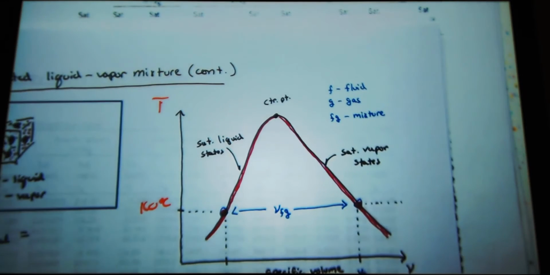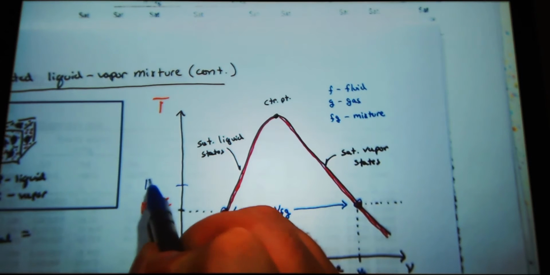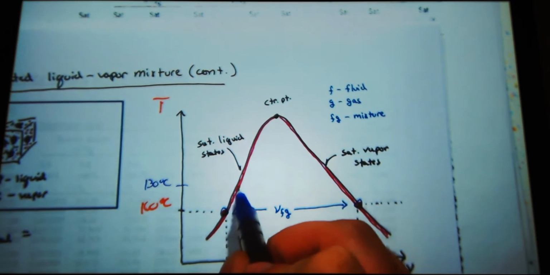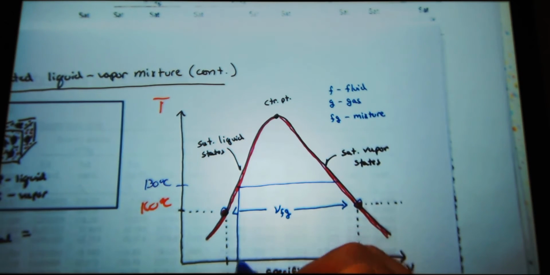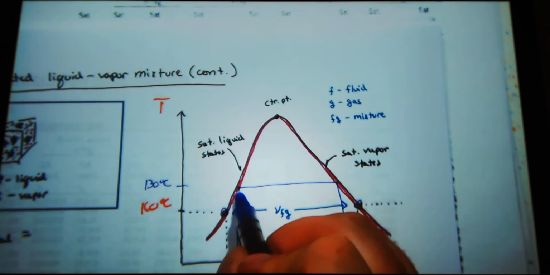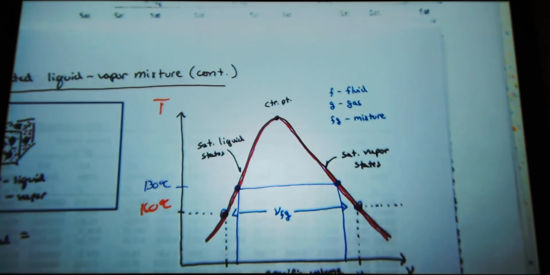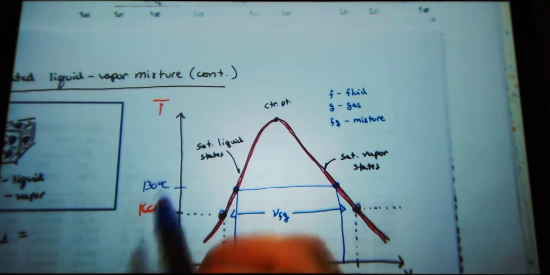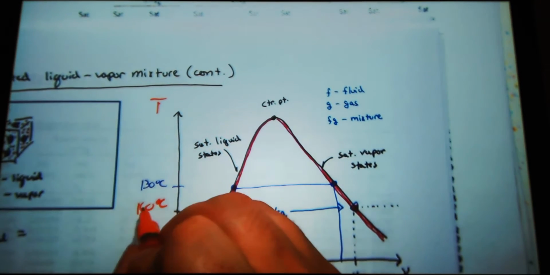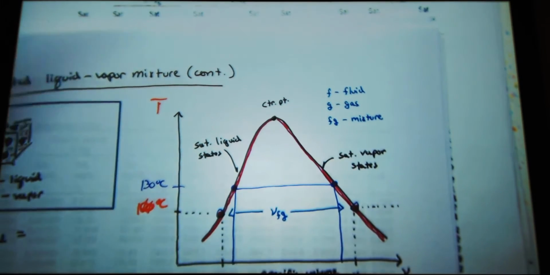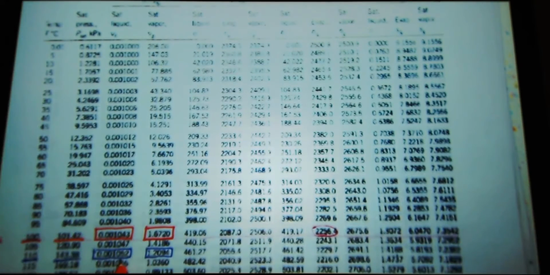Now I go back over here. Now I went to 130 degrees C. And I have these points, there and there. Increase the temperature: this one got bigger, this one got smaller.